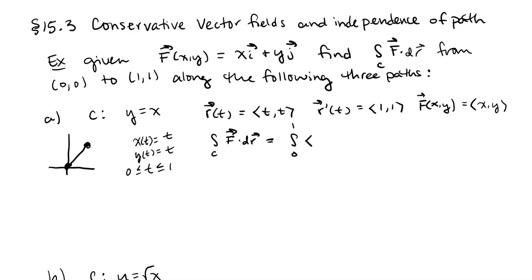So we're going to plug in our x(t) and y(t), so that's (t, t), and we're going to dot that with r', which was (1, 1), dt.